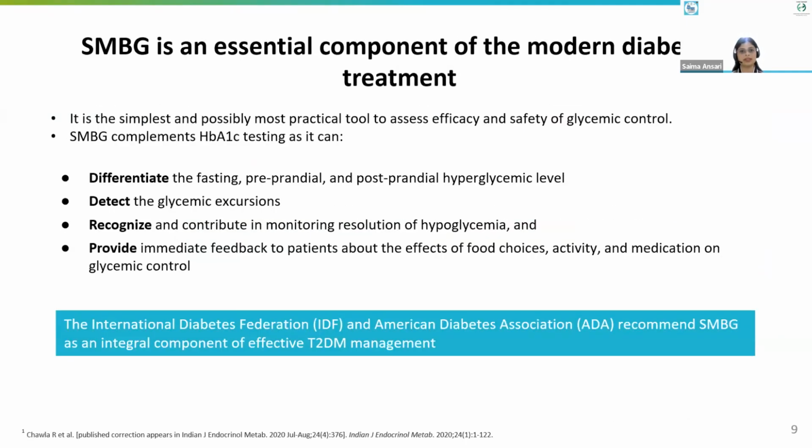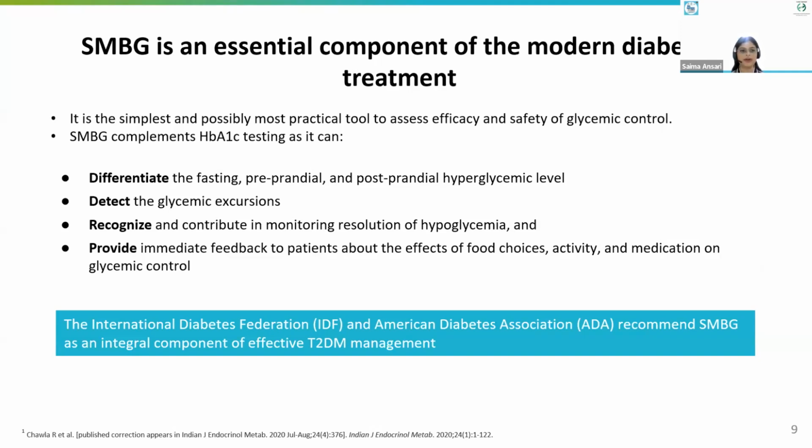SMBG is an essential component of modern diabetes treatment, because it empowers the patient and helps them make informed decisions. They can monitor their sugar levels to assess the glucose range throughout the day: fasting, pre-prandial, post-prandial, depending on the therapy.